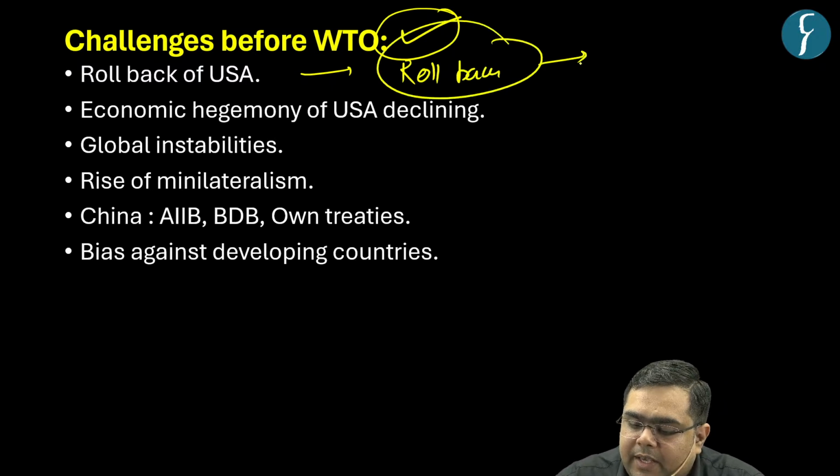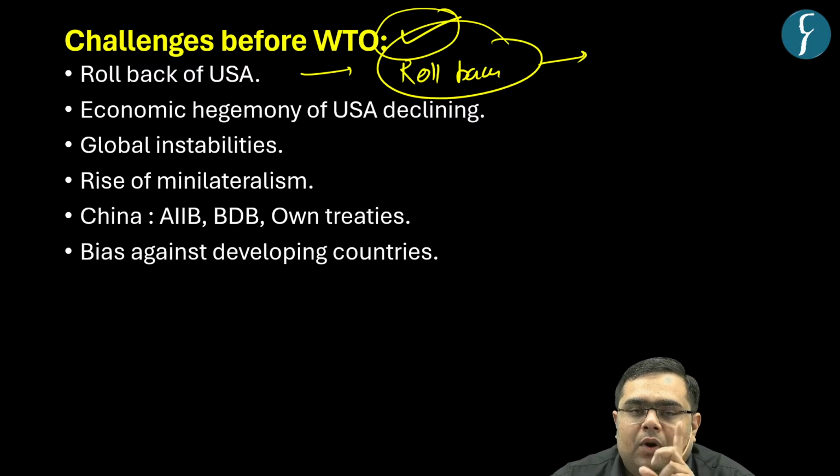So USA is, again, if you must have read in world history, what did USA do before the advent of the Second World War? It was following a kind of protectionist policy. Whenever capitalism is in crisis, it tries to protect itself.